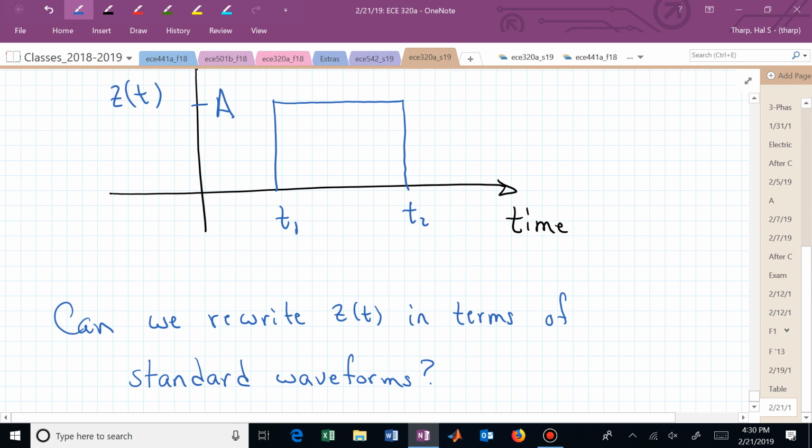And I saw some heads bobbing up and down saying, yes, we can do that. What does this z of t look like in terms of common waveforms or standard waveforms that we've already examined?